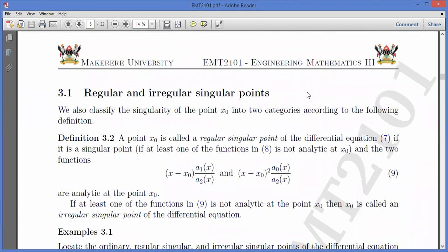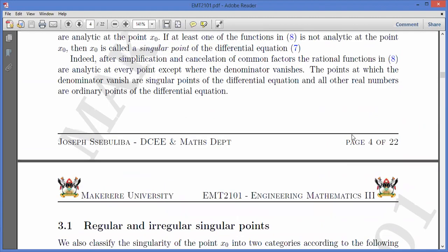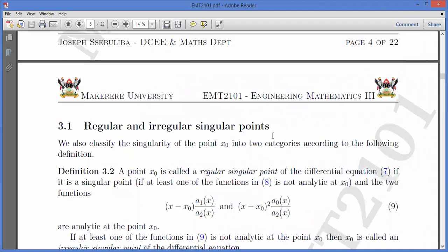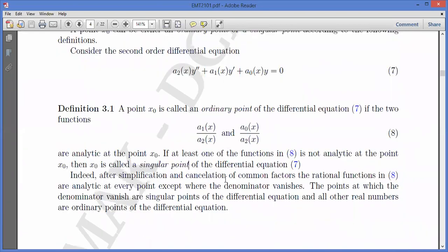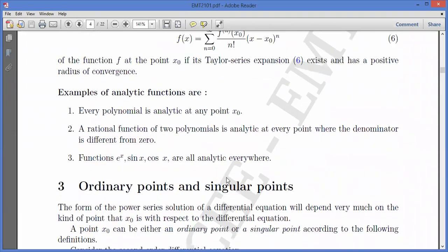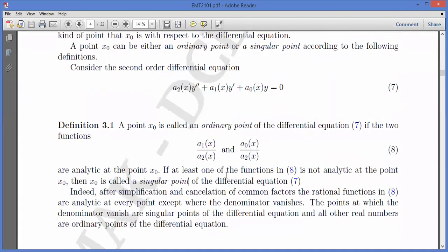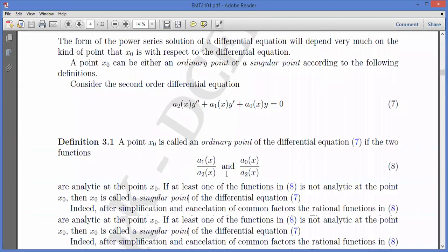So here, what do we mean? We are saying if a point x naught is a regular singular point of the differential equation, that is the same equation here, the second order. Remember from our definition, the singular point is picked from our definition.